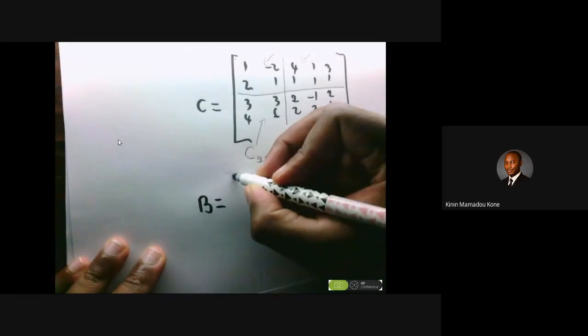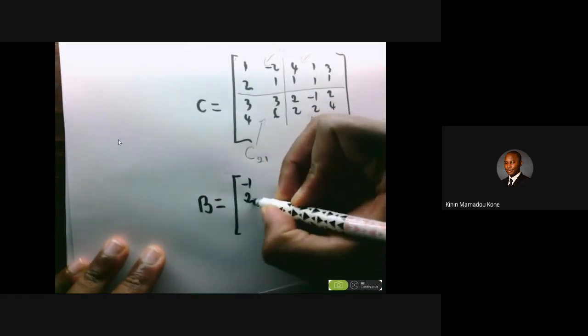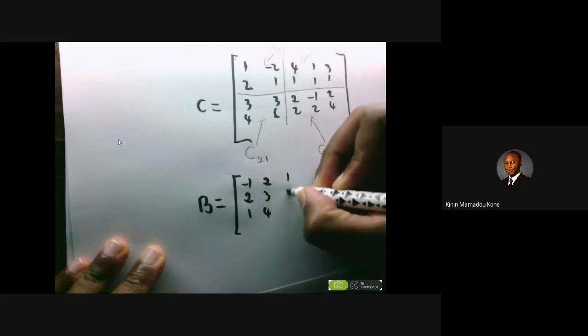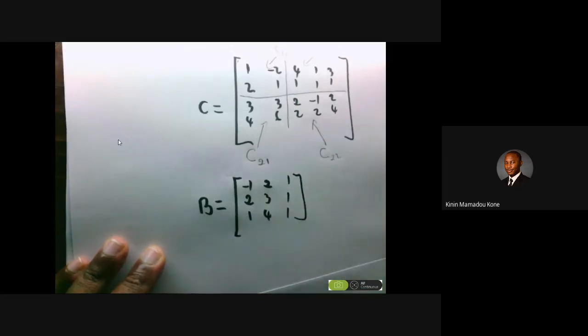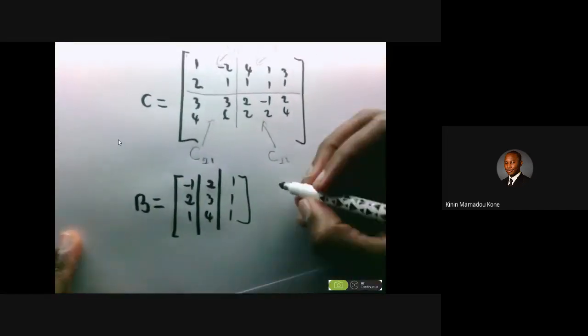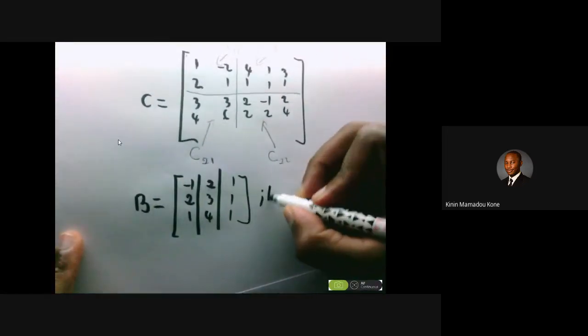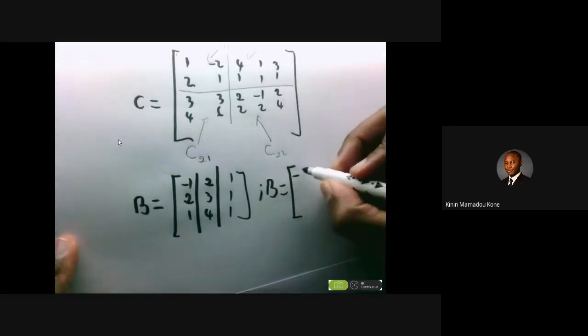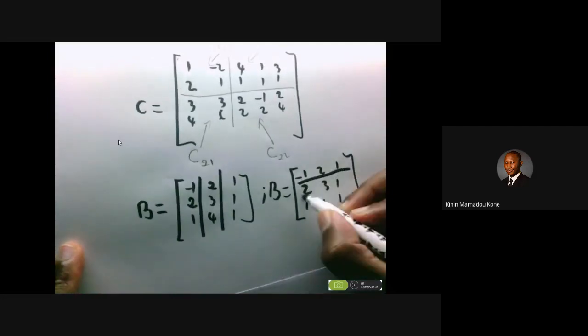I can partition my B matrix with entries like this. I could have partitioned my B matrix only by the rows, by the columns, or I could have partitioned B on the row side also. So I have negative 1, 2, 1, 2, 3, 1, 1, 4, 1. I could have partitioned it this way.